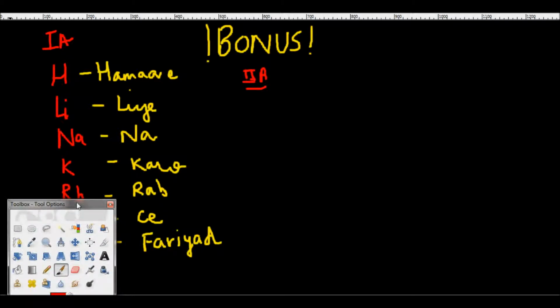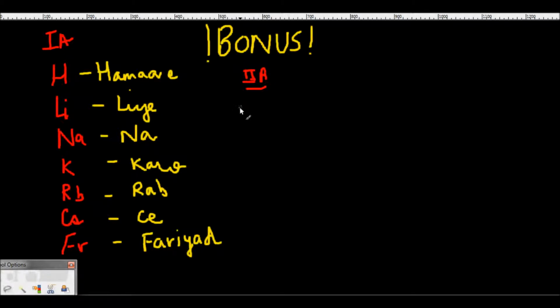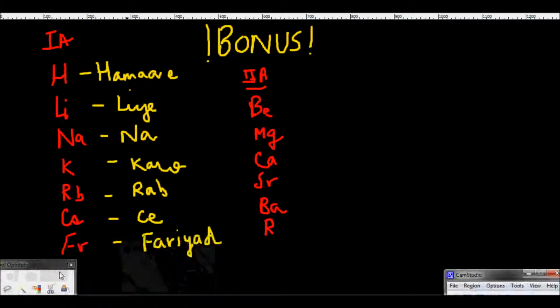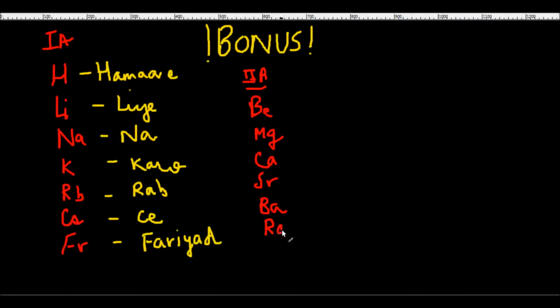For instance, you have BE, which is beryllium. MG, CA, SR, BA, R. And what was the R with? Let me remember. Yes, it was RA.